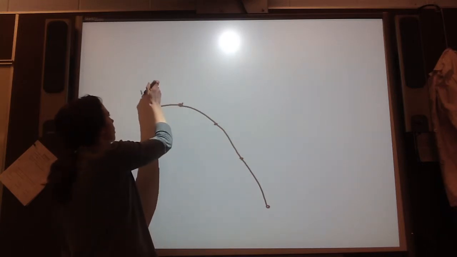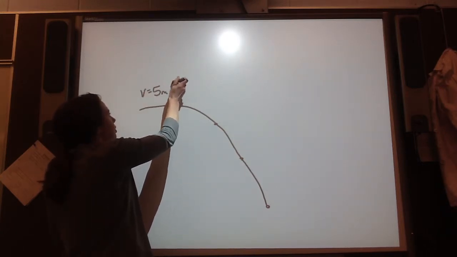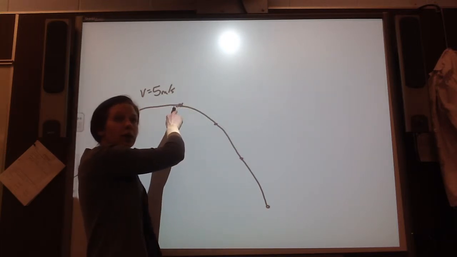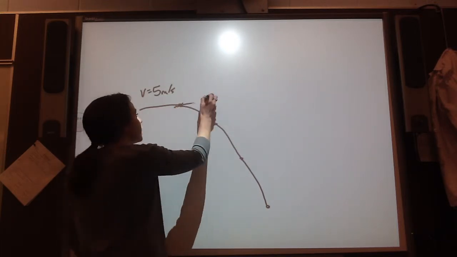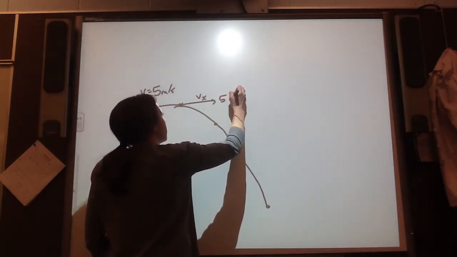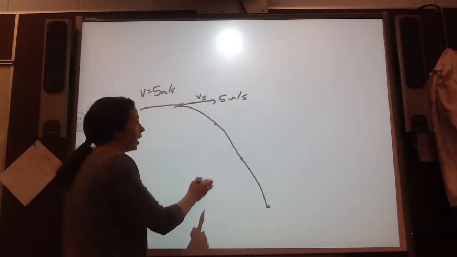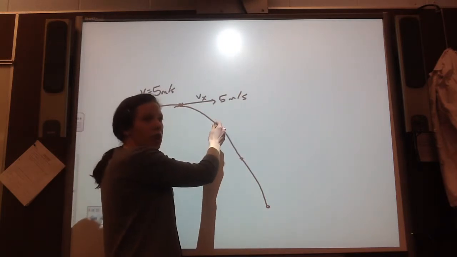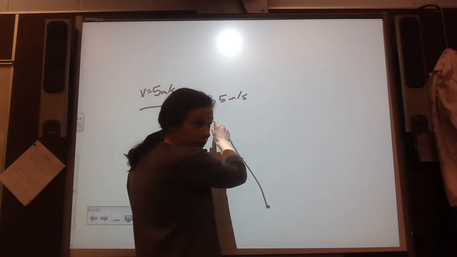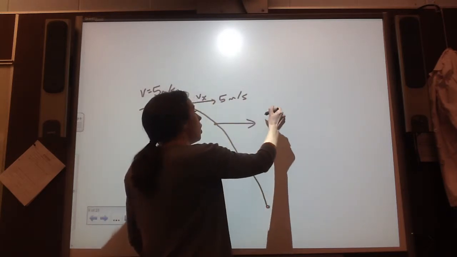Let's say it starts at a speed of 5 meters per second. What would its horizontal velocity be at that point? 5 meters per second. So my v of x is 5 meters per second. What would its horizontal velocity be at this point? 5 meters per second.